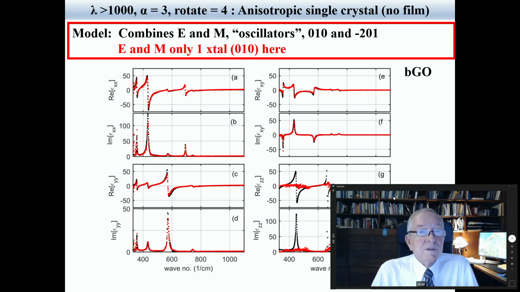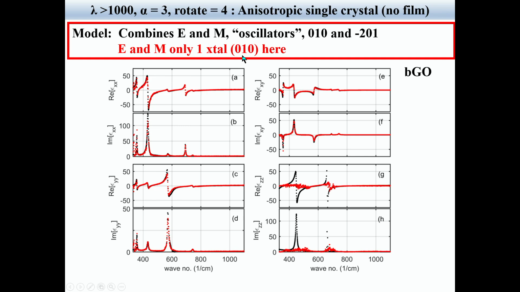Okay, that's interesting. And you can also now take a look here at anisotropic material, and this happens to be a crystal, not a film, and it's beta gallium oxide. And you can see the real and imaginary part of the X component, the Y component, and the Z component.